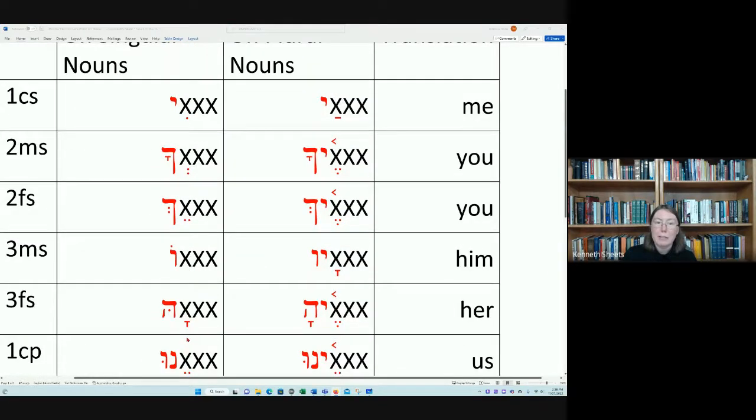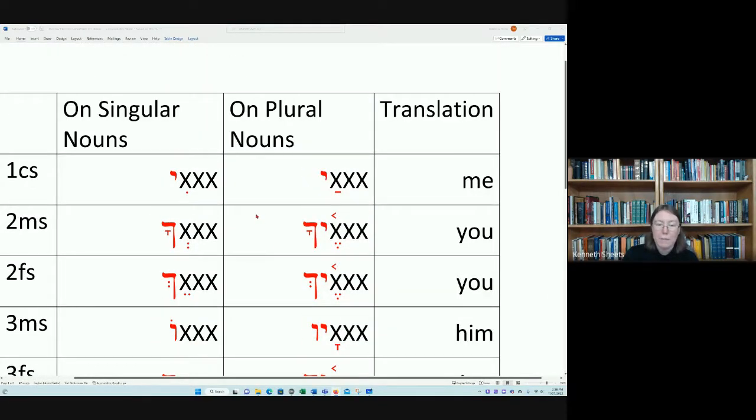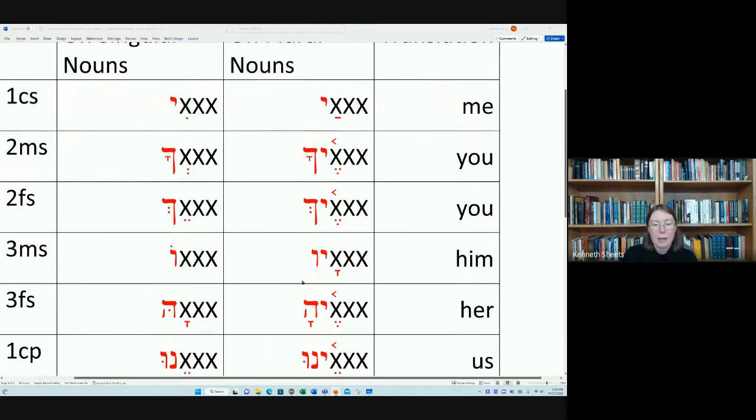These different pronominal suffixes can also take different forms depending on whether the noun that they are attached to is singular or plural. So on plural nouns, these same pronominal suffixes take these forms. First common singular, ai. Second masculine singular, eka. Second feminine singular, ayik.